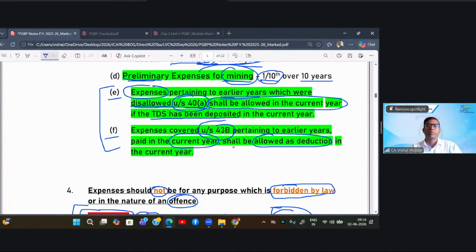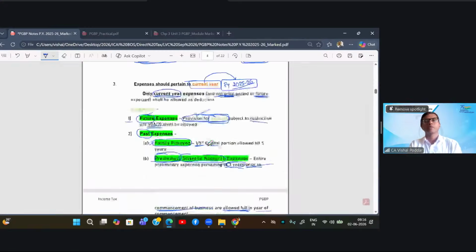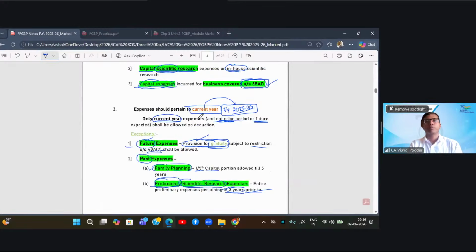But you have to always remember the deduction which you are claiming is pertaining to earlier year's expense. But this is a specific relaxation given. So because of this, this expense, since it is pertaining to earlier years, but the deduction is taken in the current year, will also become an exception to our rule that the expense should be of current year.